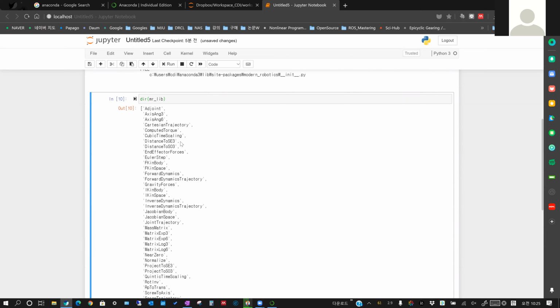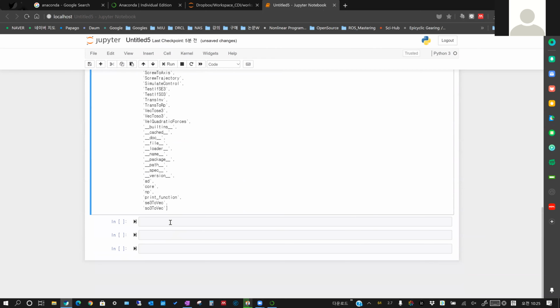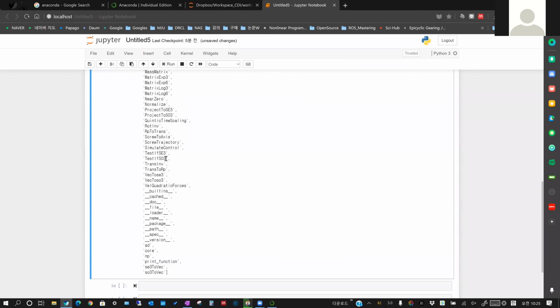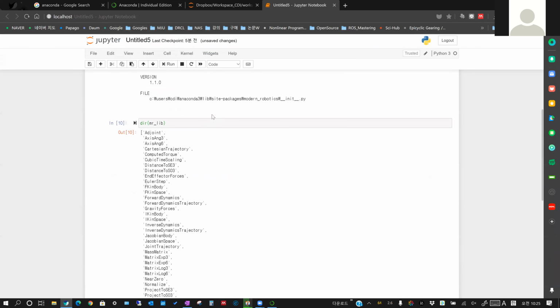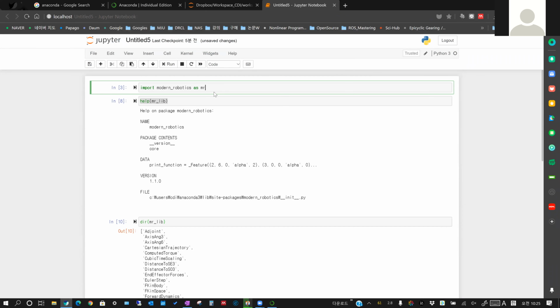We learned about the SO3, large SO3 and small so3. So let's use this function. I will use just mr for short coding.